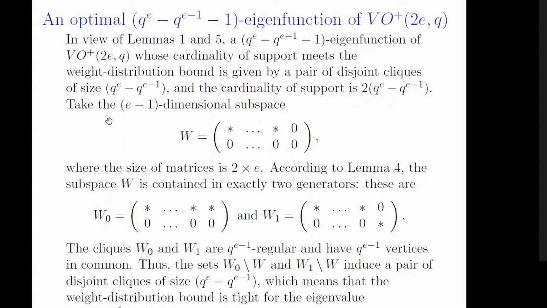Take the following (e minus 1)-dimensional subspace, where the stars mean that we take all admissible elements in these entries.